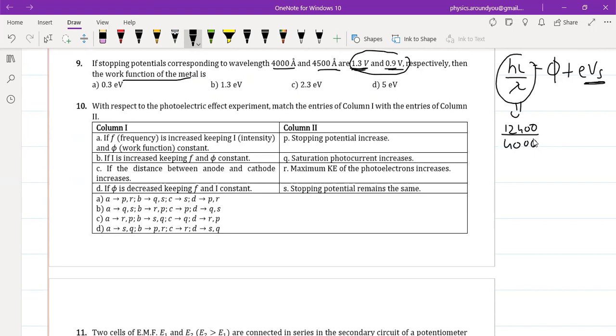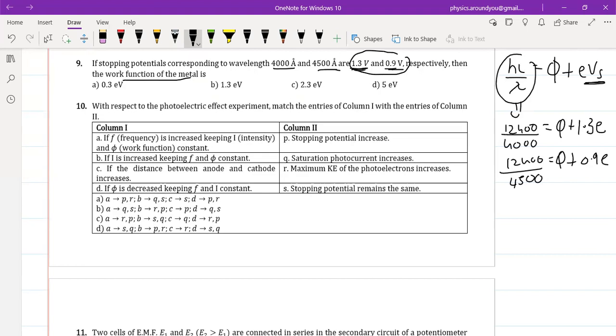So for example, 12,400 by 4,000 is equal to phi plus eVs, and the V for that is 1.3, so 1.3 eV. Similarly, I can put 12,400 by lambda, where lambda is 4,500 angstroms, equal to phi plus eV, and that would be 0.9 eV.